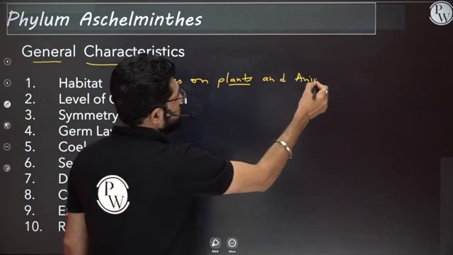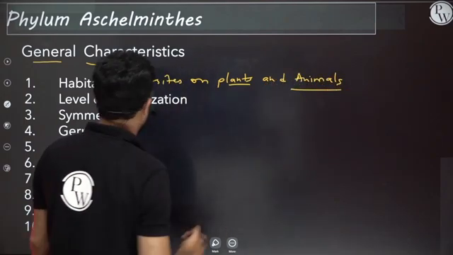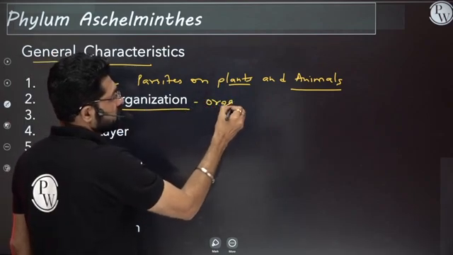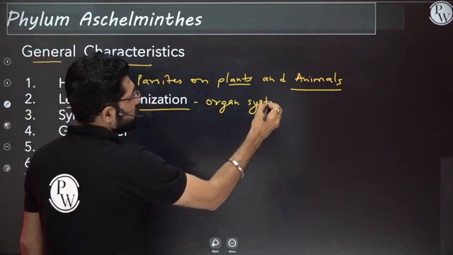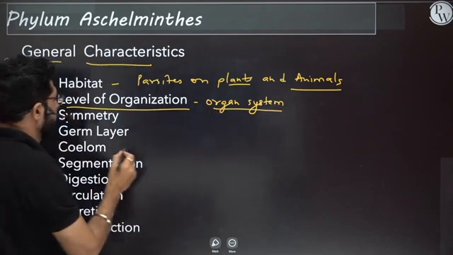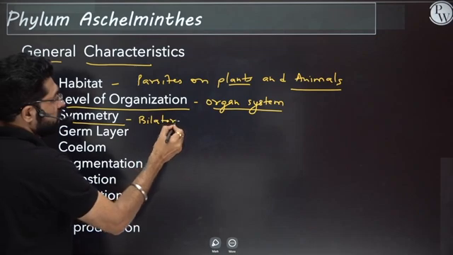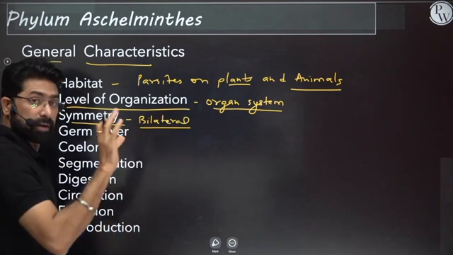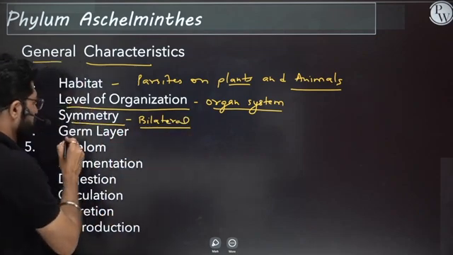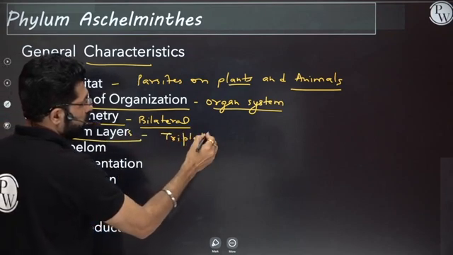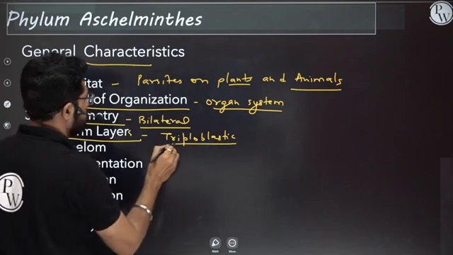Level of organization is organ system level. Symmetry, again, it is bilateral here. Even though they appear circular in structure, they still have bilateral symmetry. Germ layers, they are triploblastic, they have all three germ layers.